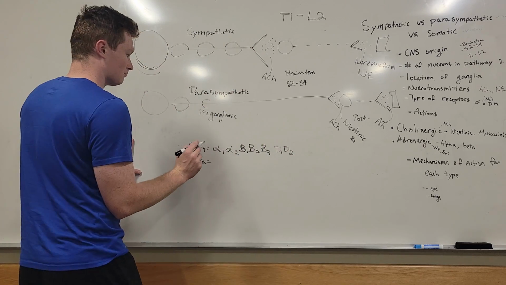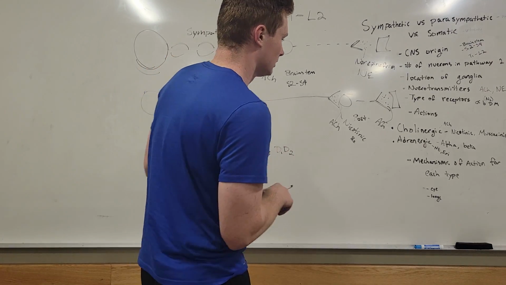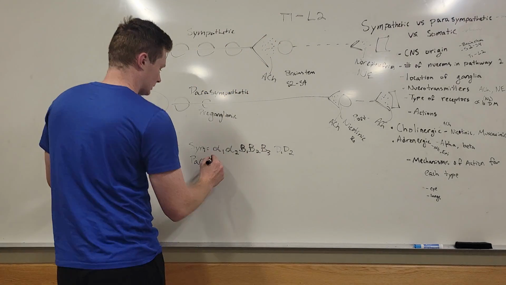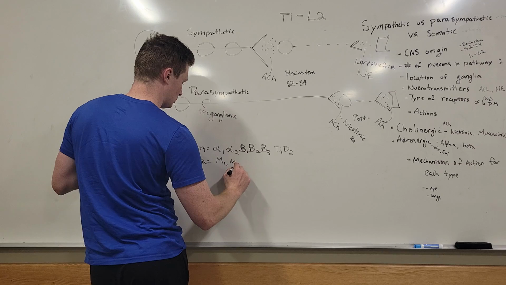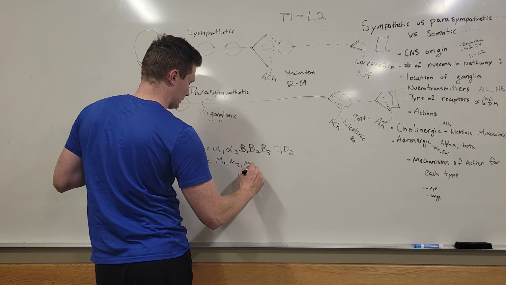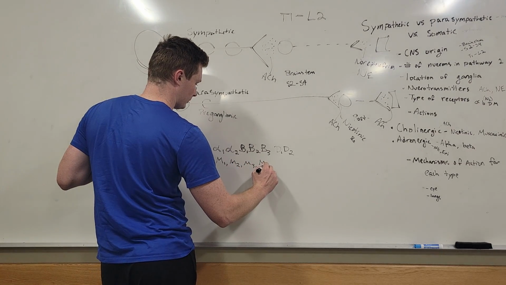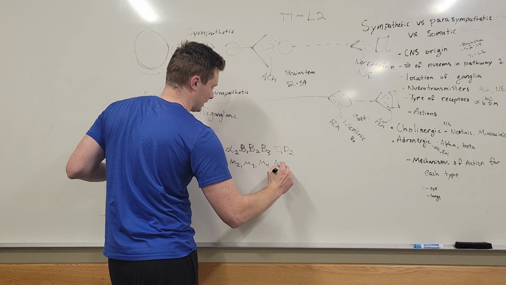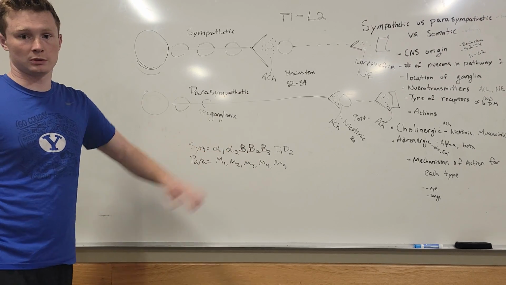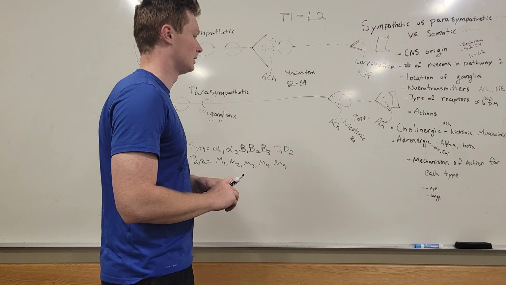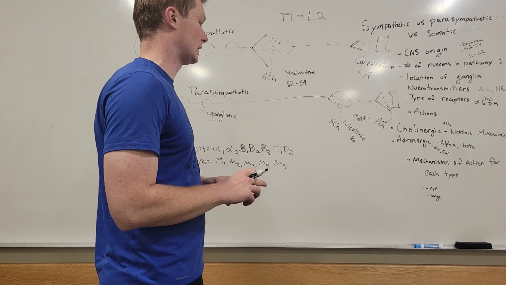And this is going to be muscarinic: M1, M2, M3, M4, and M5. This is important because these all do different things within the body, and we'll talk a little bit about it later.